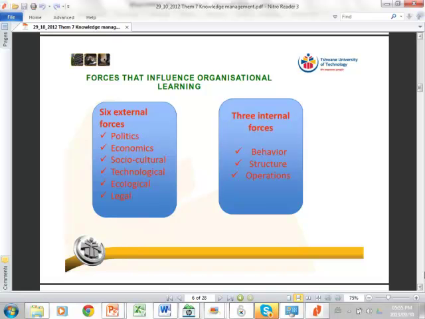Okay, so let's look at the forces that influence organizational learning. There will be external forces, so forces external to the organization, and internal forces. Let's look at the internal forces first. The first thing is the behavior that you will find in the organization, and that is related to your culture. Remember, this is the way that we do things around here.